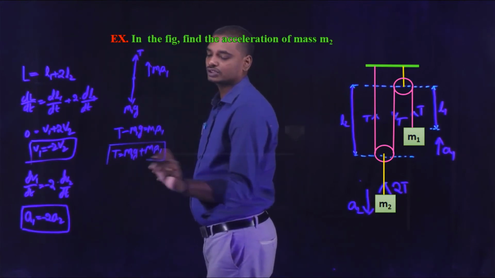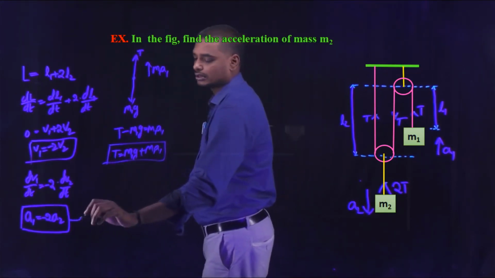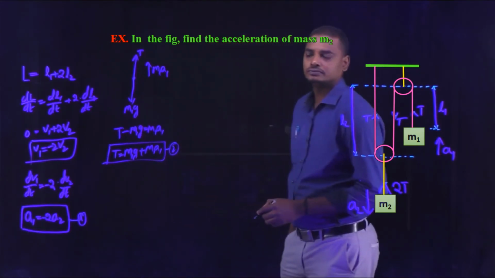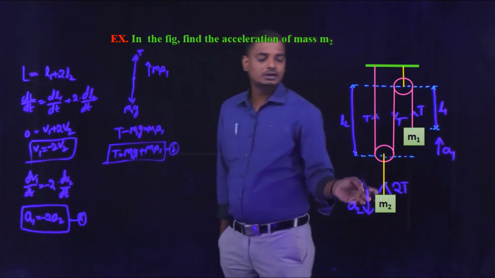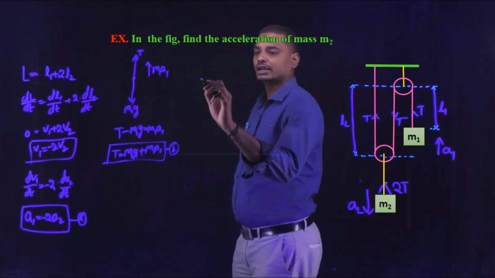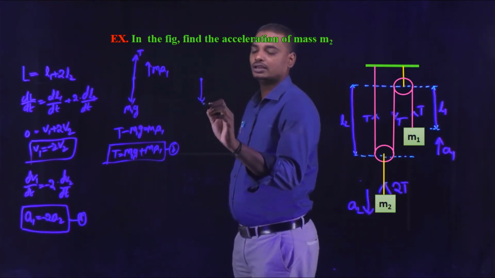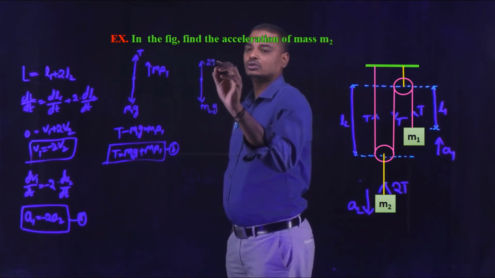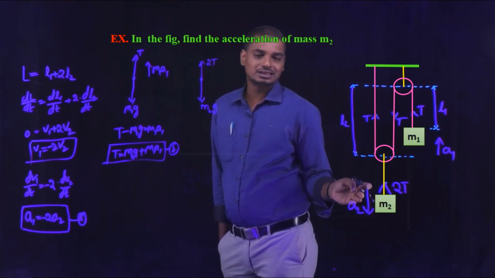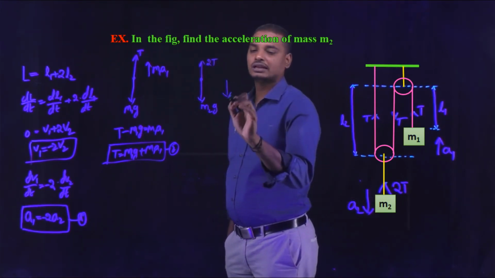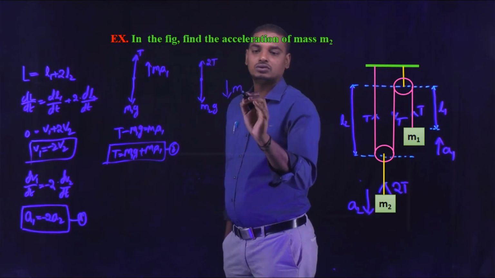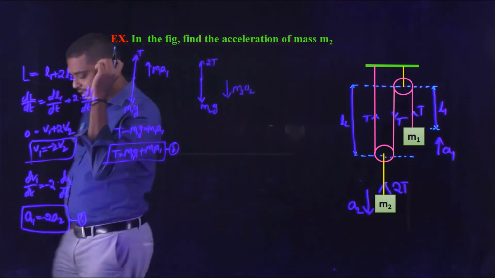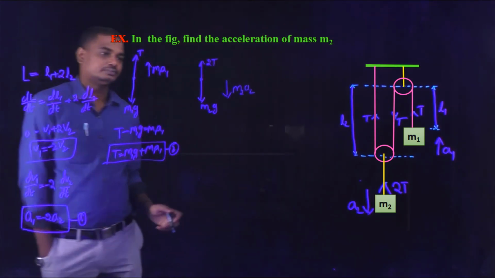Let it be equation 1, and let it be equation number 2. Similarly, draw the free body diagram of the second block. The second block has weight m2g, tension 2T, and a net resultant acceleration downwards, so the net force acting downwards is equal to m2a2.